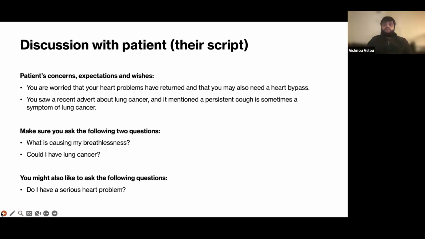So, could I have lung cancer? I think acknowledging the patient's concern, so saying, I understand that you've obviously read about it, and that can be quite distressing to think that, because some of the symptoms you have could be a symptom.